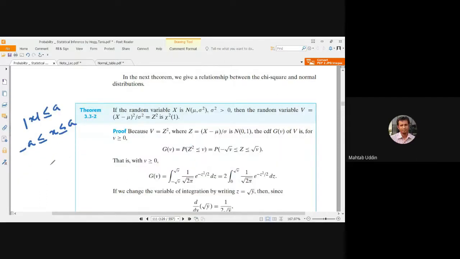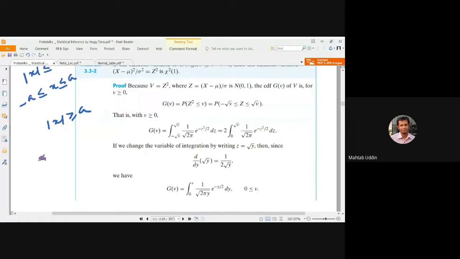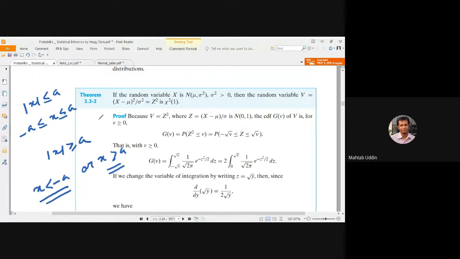But in case of absolute x greater than equal a or greater than a, we have two sides. Either x less than minus a or x greater than a. And in case of probability, you have to find them and then take the sum. Just write those properties. We'll use them later.